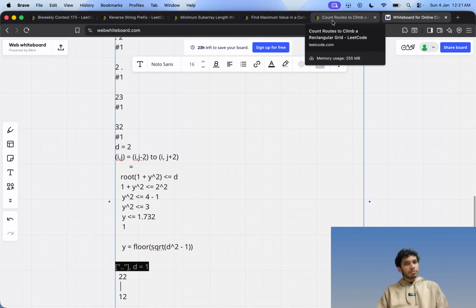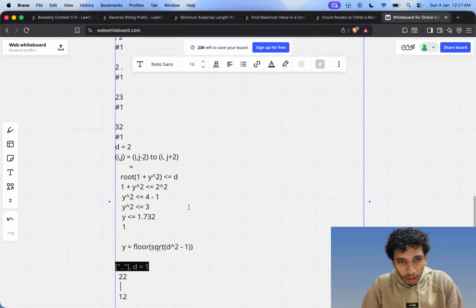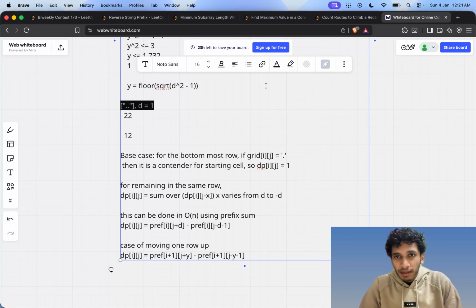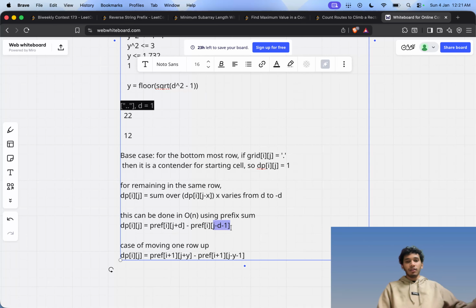The major part in this problem is the implementation. We have written all the possible recurrence relations. Now we just need to see this in the form of implementation, because writing prefix sum is a little lengthy. We need to make sure that this particular value does not go negative. If it goes negative, what to do? If it does not, what to do? All these cases need to be handled.